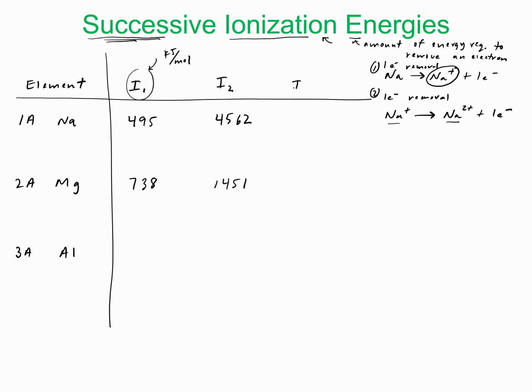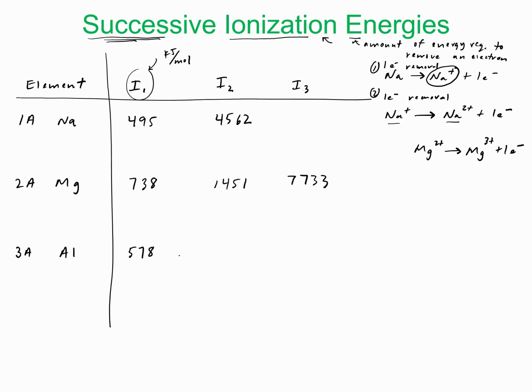If we want to remove a third electron, so that would be taking Mg2 plus and ripping another electron off, then it would require 7,733 kilojoules per mole.